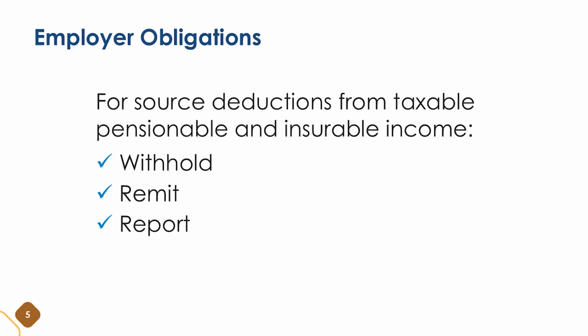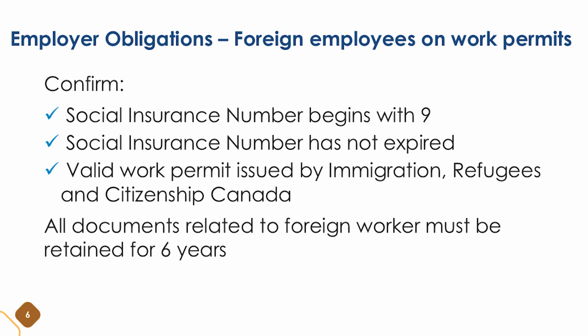An eligible person who is not a Canadian citizen or a permanent resident of Canada and who applies for a social insurance number will get one beginning with the number 9. When you, as the employer, hire someone whom you know is not a Canadian citizen or permanent resident, you are required to confirm all the following.